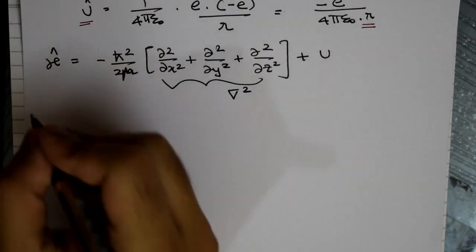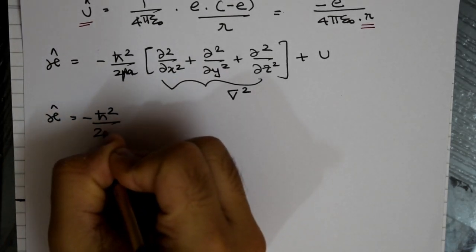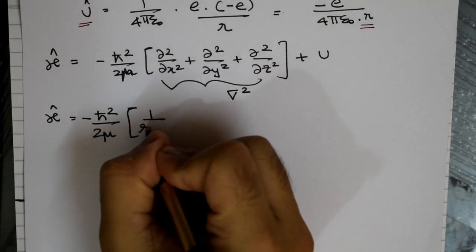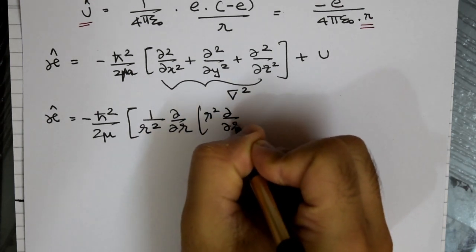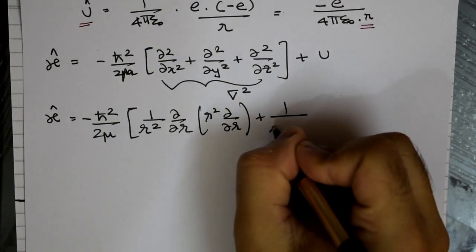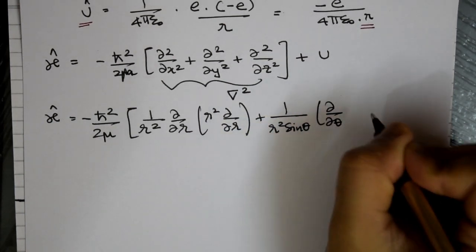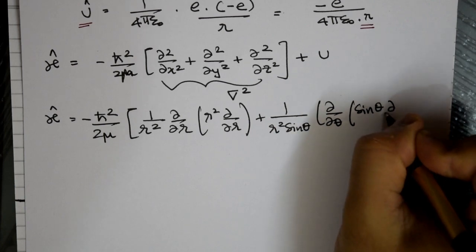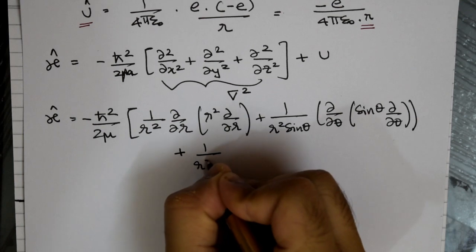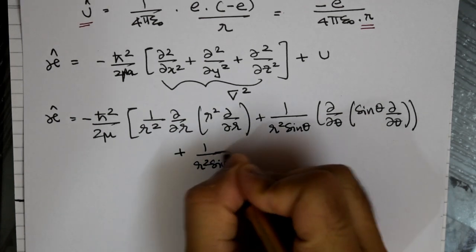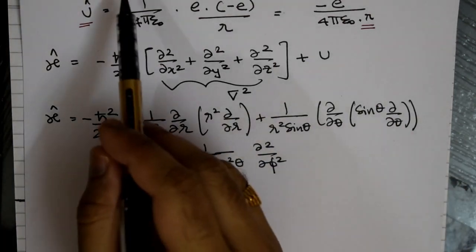So let's write it in the polar coordinate system: minus h cross square by 2 mu, 1 over r square dou by dou r of r square dou by dou r, plus 1 over r square sine theta dou by dou theta of sine theta dou by dou theta, plus 1 over r square sine square theta dou square by dou phi square. This is the conversion of Cartesian xyz into r theta phi.